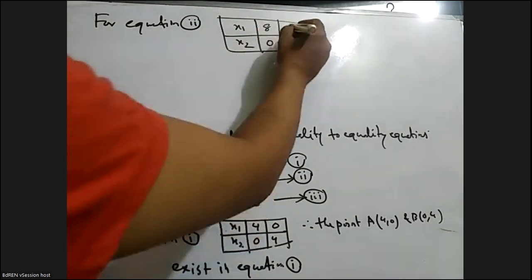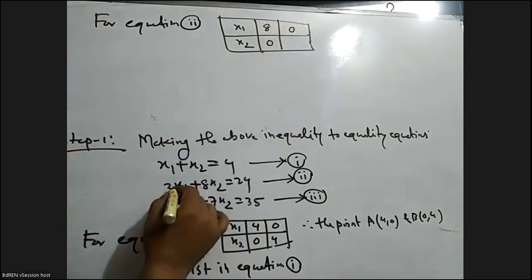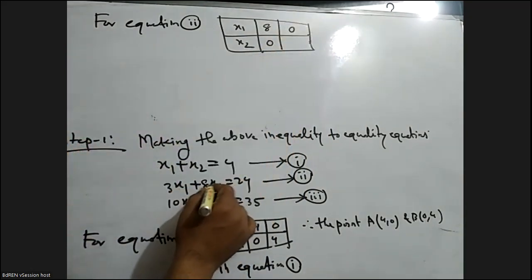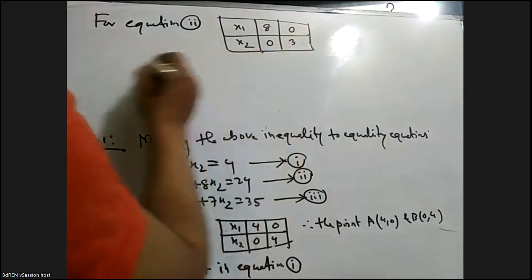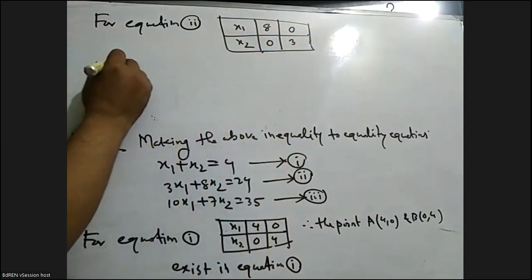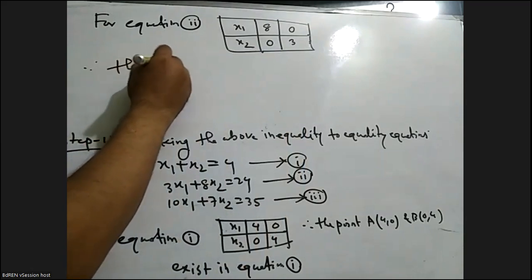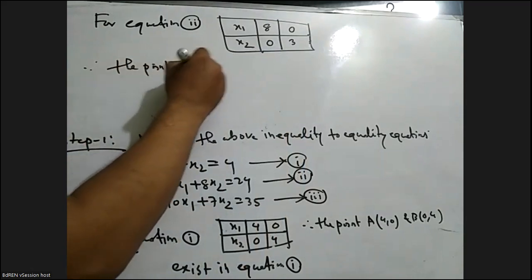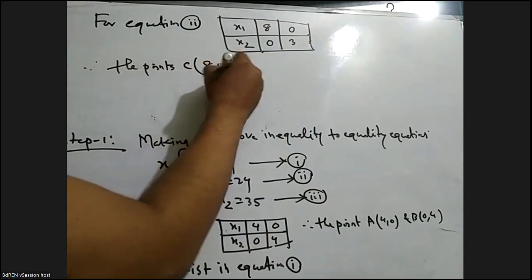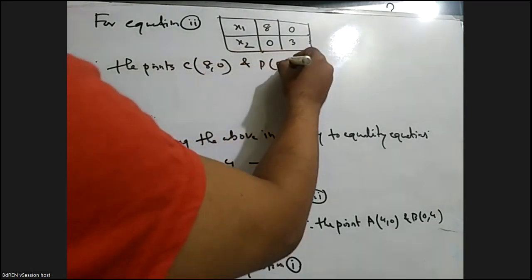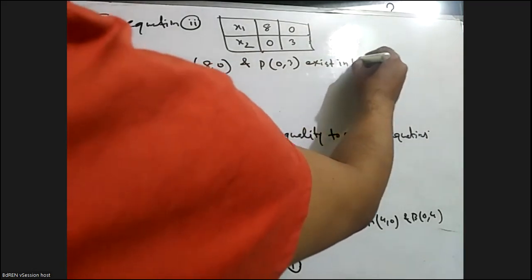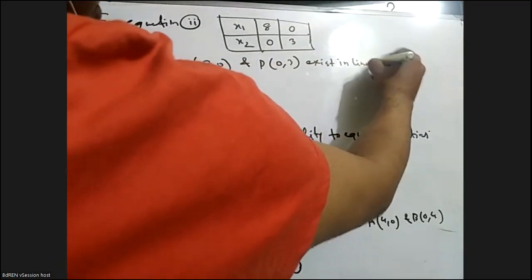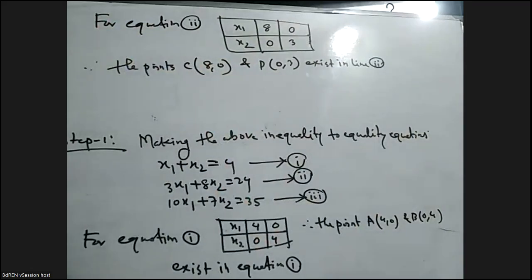And if x1 equals 0, then 8x2 equals 24, so x2 equals 3. Therefore, point C will be 8, 0 and point D will be 0, 3, existing on line 2.